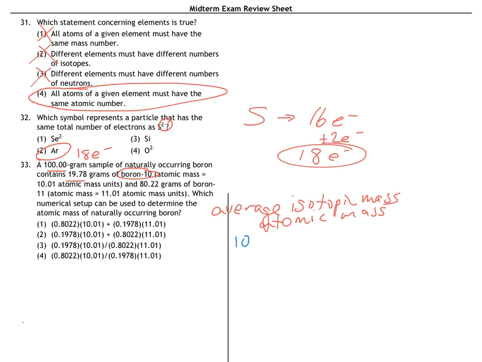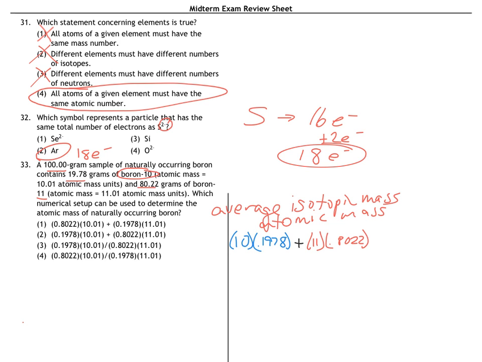So I'll do the mass times that abundance. So here's boron 10's mass, and its abundance is 19.78%, so I'm going to write 0.1978. And I'm going to add to that the mass and abundance of the other isotope, which is boron 11. So its mass is 11, and its abundance is, it looks like 80.22 out of 100, so that's 80.22%, 0.8022.